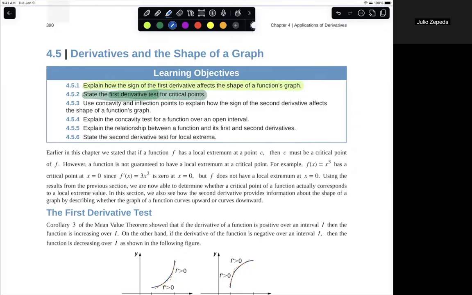Number 3, use concavity and inflection points to explain how the sign of the second derivative affects the shape of a function's graph. Number 4, explain the concavity test for a function over an open interval.